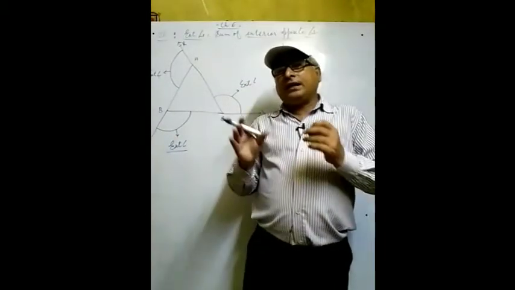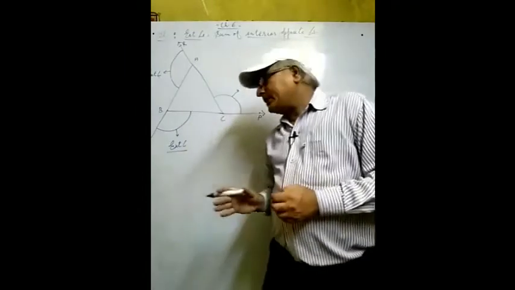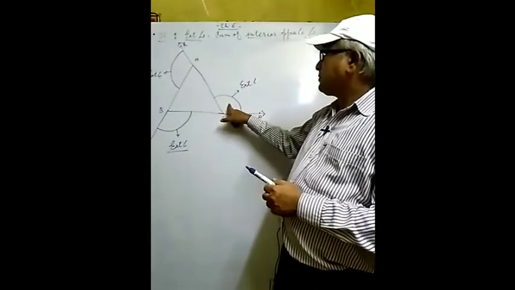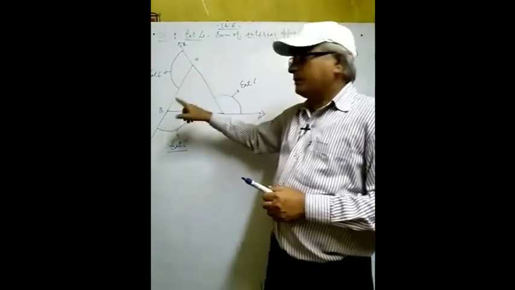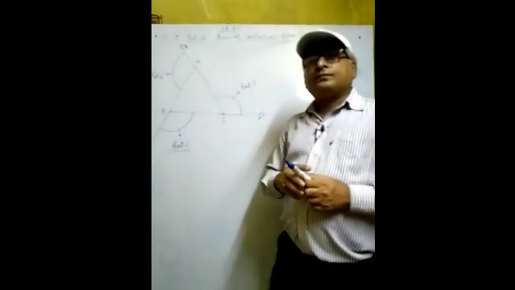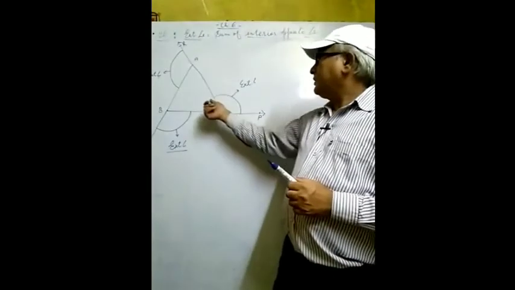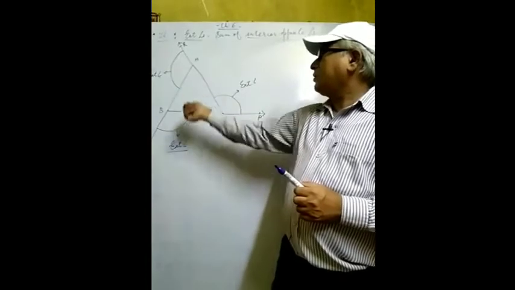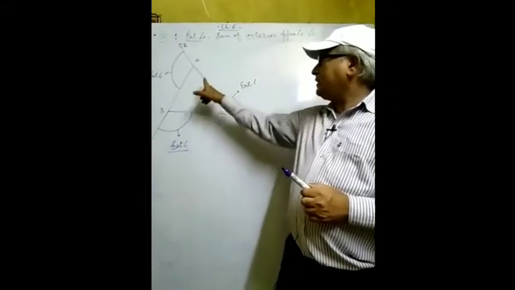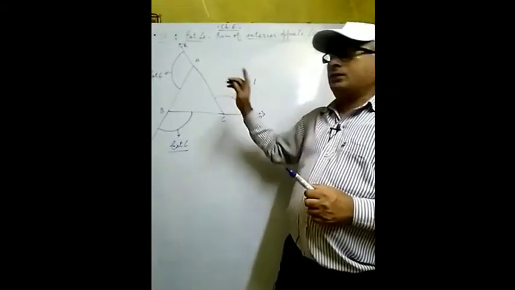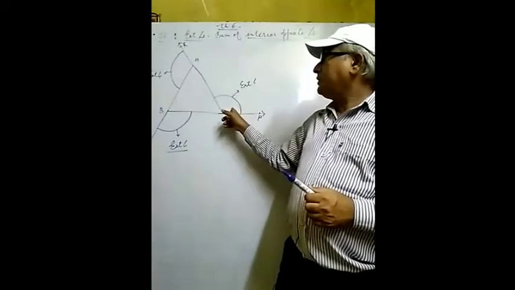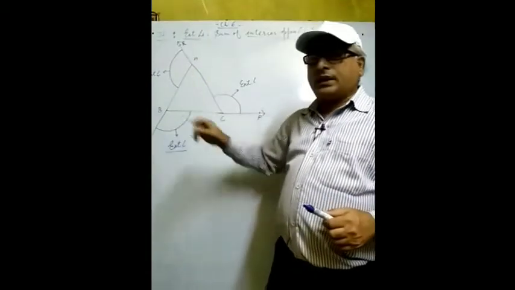Why is it called an exterior angle? Because these angles are located where? Outside of triangle ABC. That's why these angles are exterior angles.